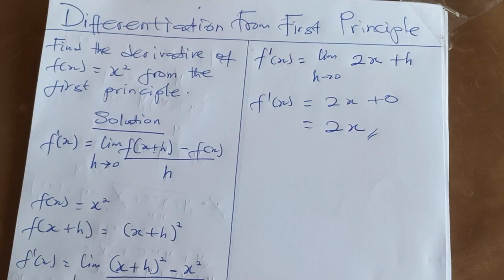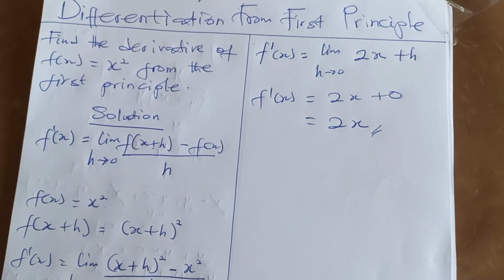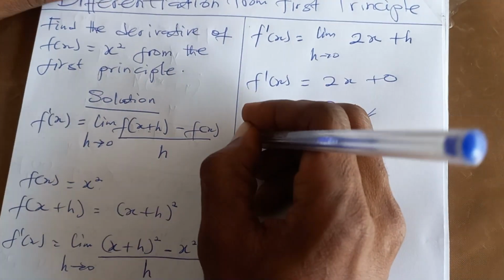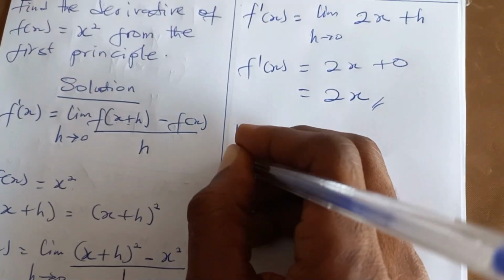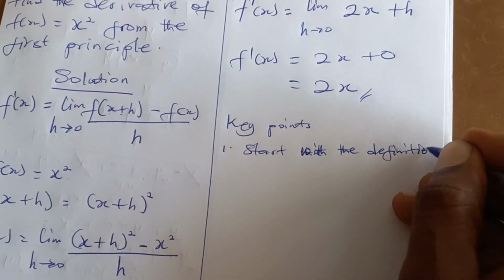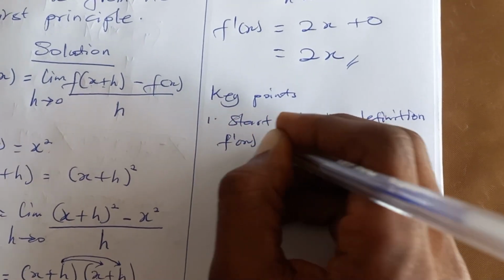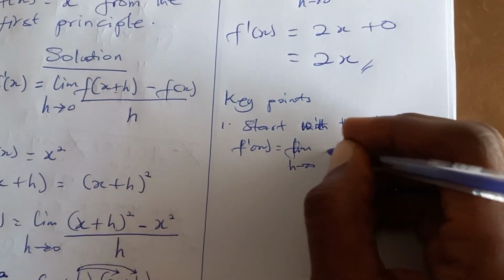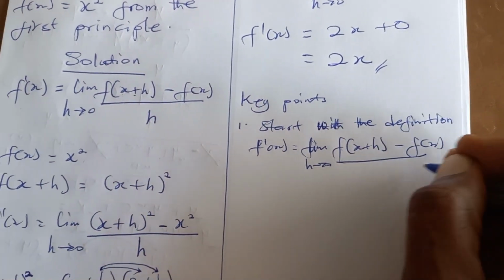But before I continue with that, let us list the key points here so that you can write it down when you are free. You go through with some questions. So key points. 1, with the definition, that is f prime of x is equal to the limit as h approaches 0 of f of x plus h minus f of x over h.